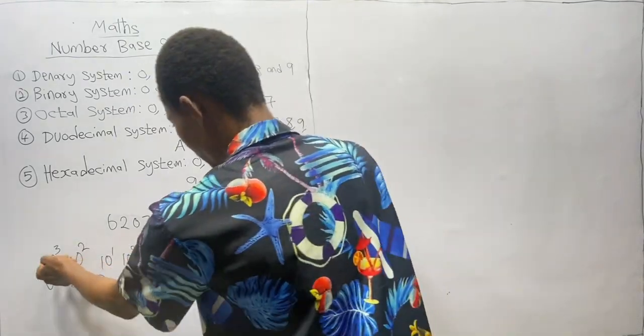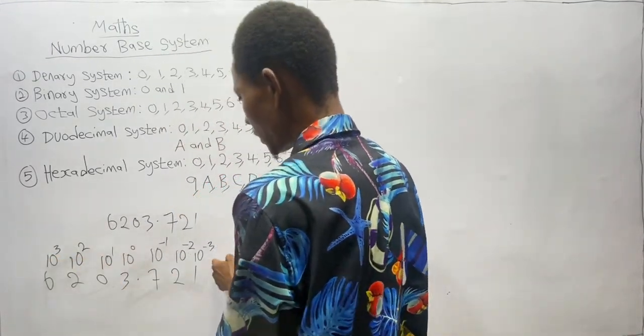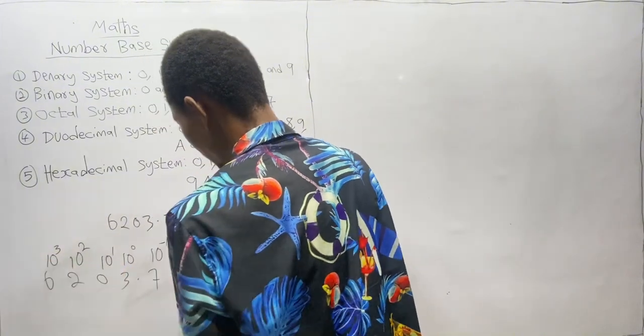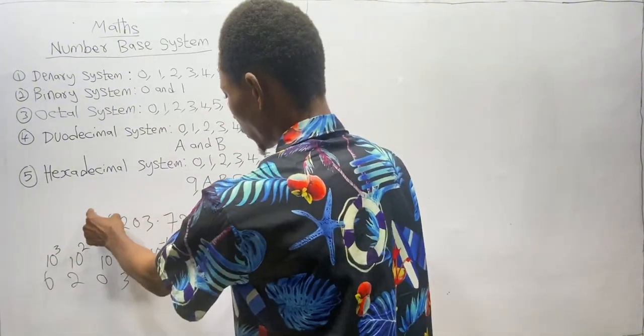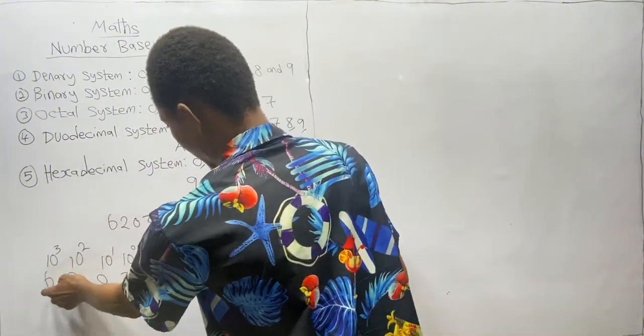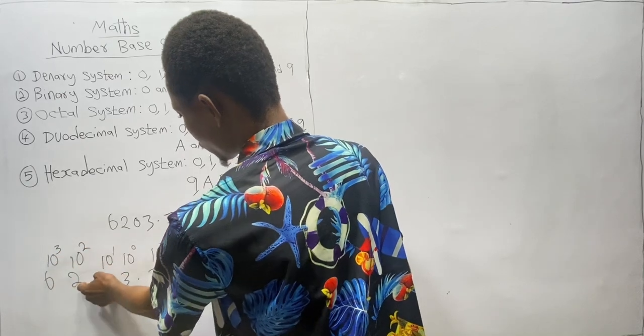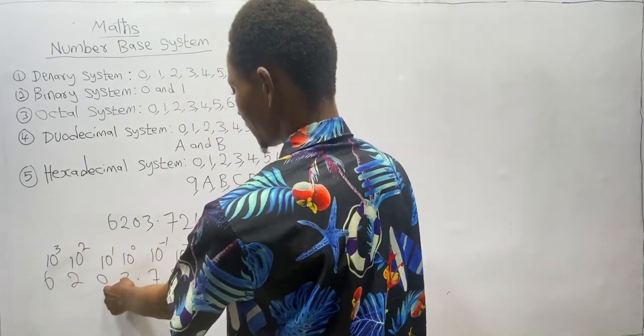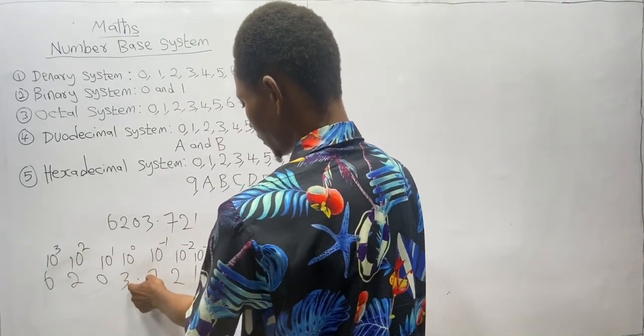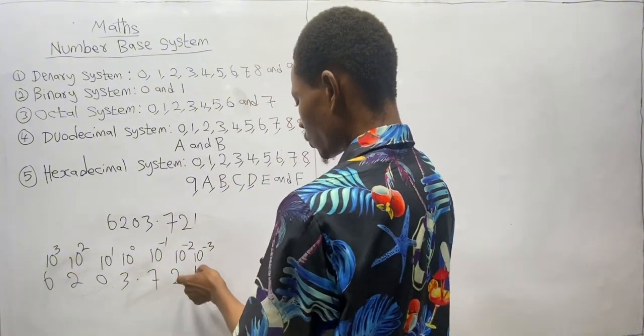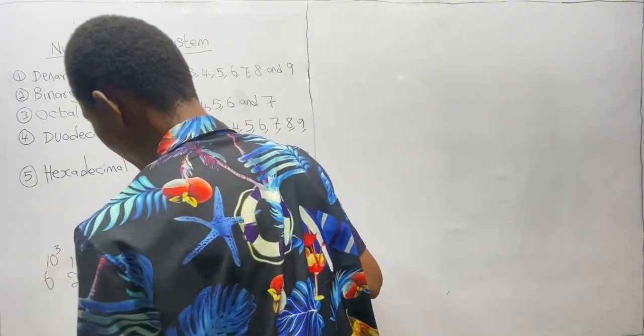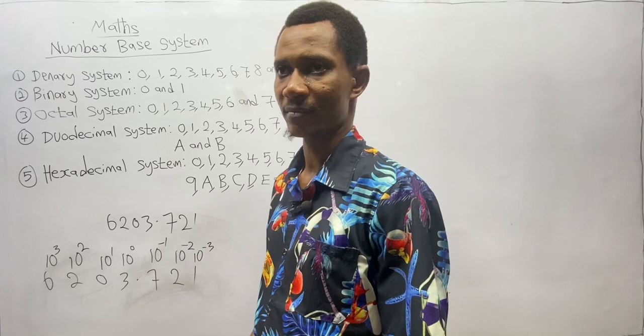So it is because of this base 10 that we call this number 6,203.721, because the number is in base 10.